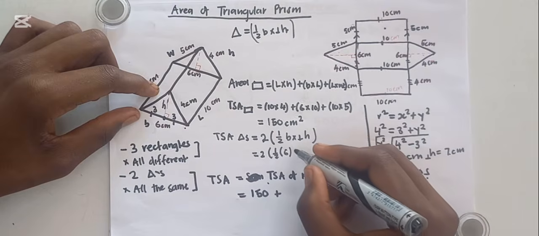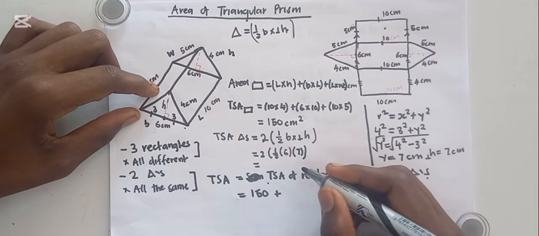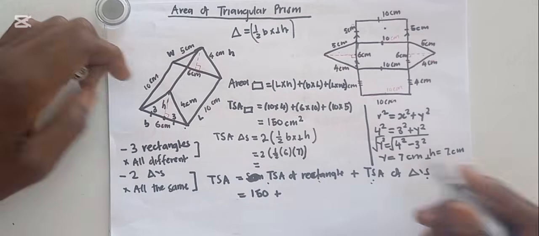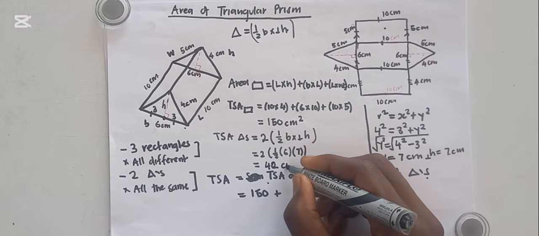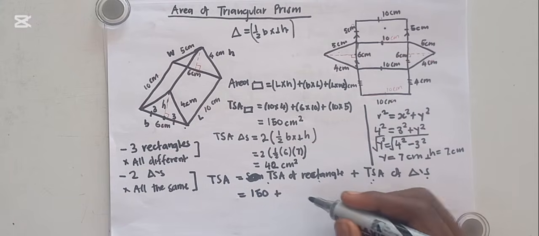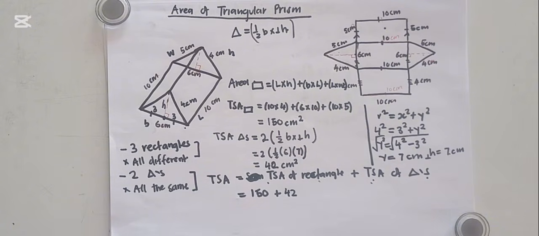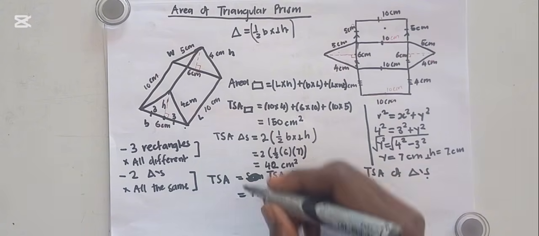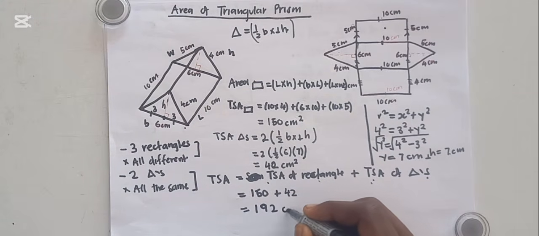It is this one, the 7, which we found by using the theorem of Pythagoras. So if you work this one out in a calculator, you're going to get 42 centimeters squared. So this is the total surface area of the triangles. So this one, we're going to add it here, which is 42. So our total surface area of the triangular prism is going to be equal to what? To 192 centimeters squared. So this is it to find the total surface area of the triangular prism.